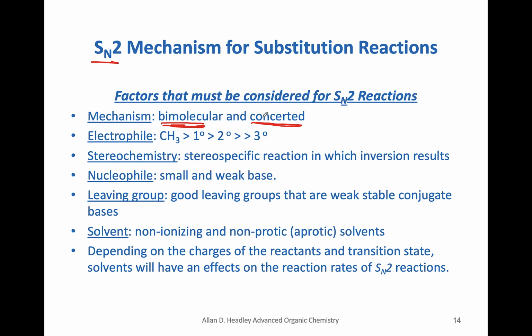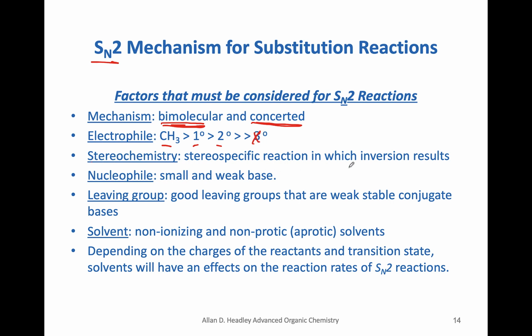Let's now look at the electrophile. There has to be enough space on the electrophile for the nucleophile to come in, so the methyl electrophile, which has the leaving group, is more reactive than the primary, secondary, and of course the tertiary is non-reactive.